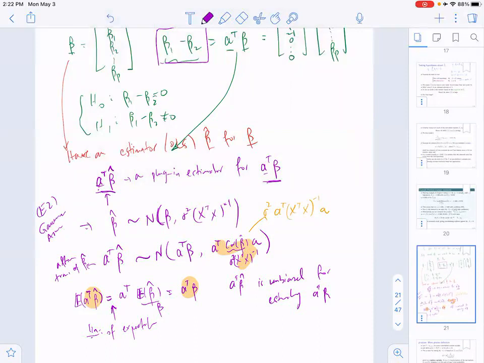This is, in fact, one-dimensional, so it's just the usual normal, which is a special case of multivariate normal. A transpose beta hat is just a number. But nevertheless, it's an affine transformation of a multivariate normally distributed vector, so it has a multivariate normal distribution.